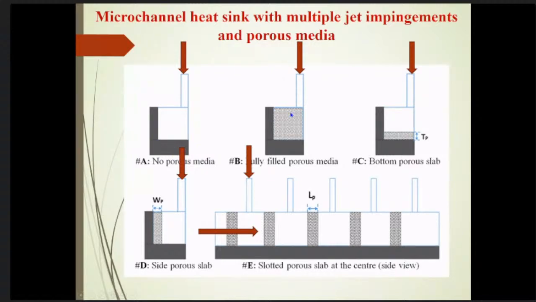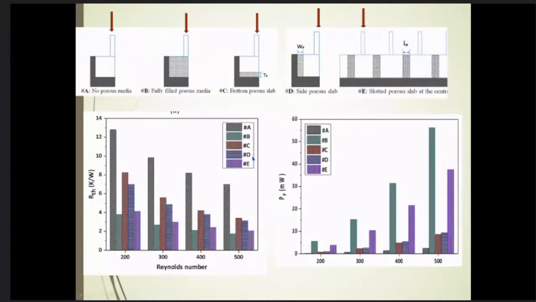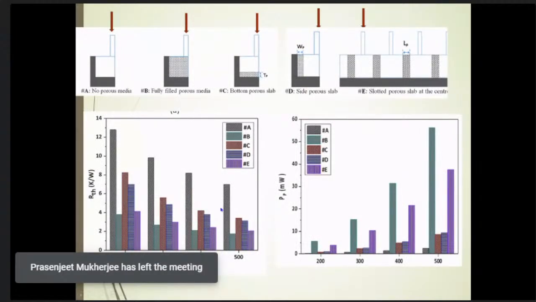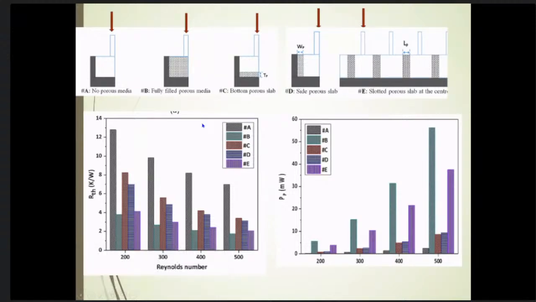Here you fill the channel with the porous material, here you fill it to some extent with the porous material at the base, here you fill it to some extent on the side of the channel wall, and here you provide the porous material in the direction of the flow. We modeled the different combinations and found what is happening, and which combination gives us the more efficient result.